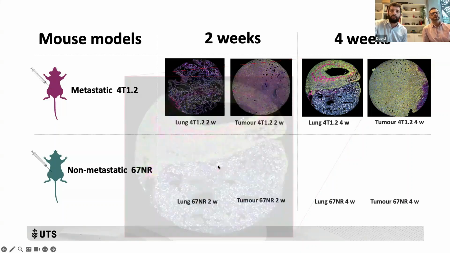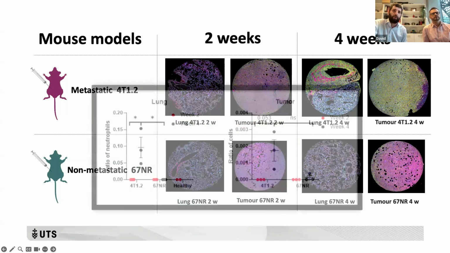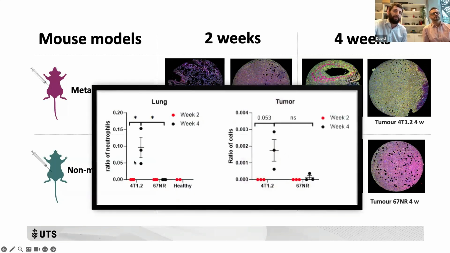And while we observe them in the lung tissue of the non-metastatic, we don't see many or any neutrophils. If we quantify this, we can see there's a very significant increase in neutrophils at week 4 and barely any here. One thing we do see is a little bit of penetration into the tumors, but you can see that these percentages are much lower.